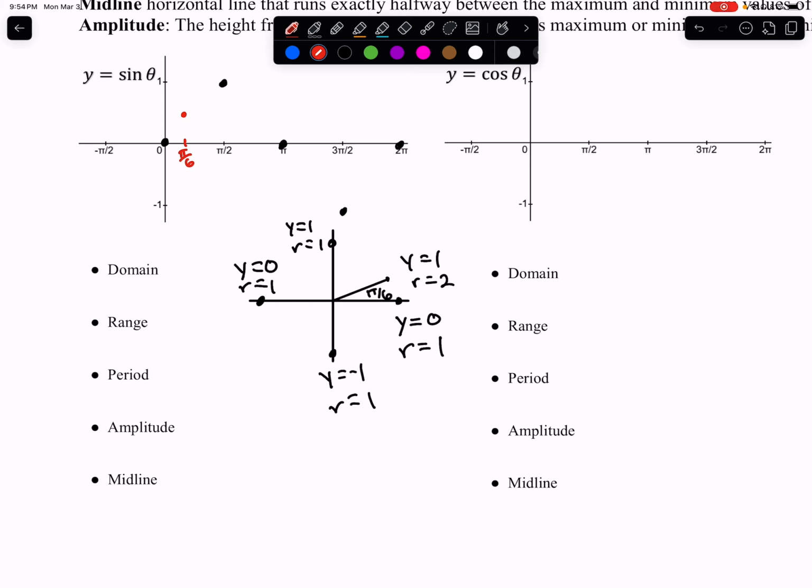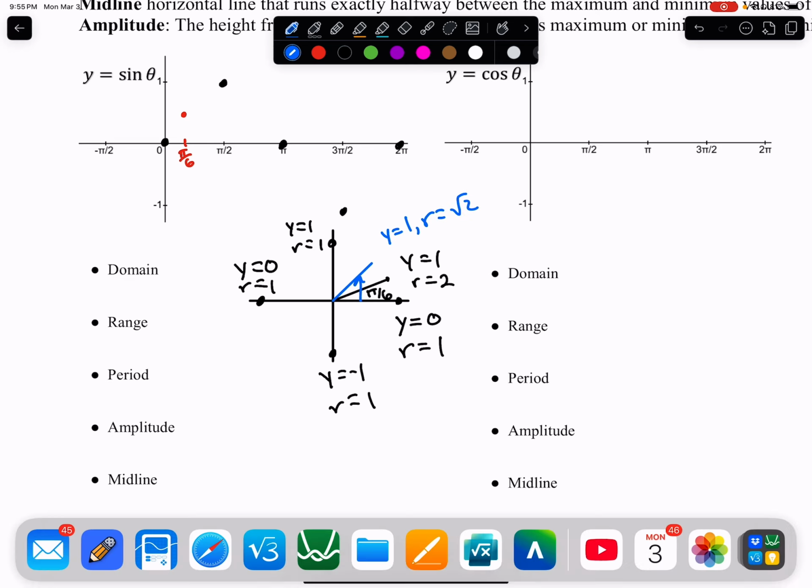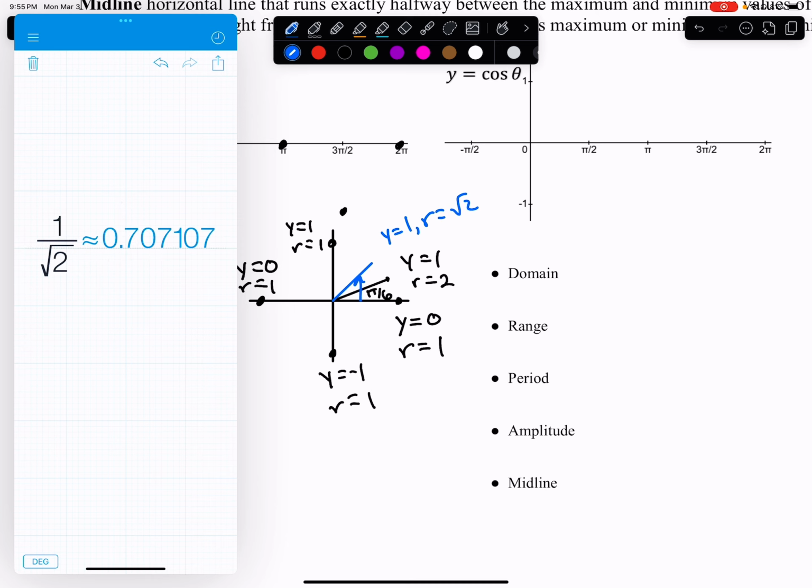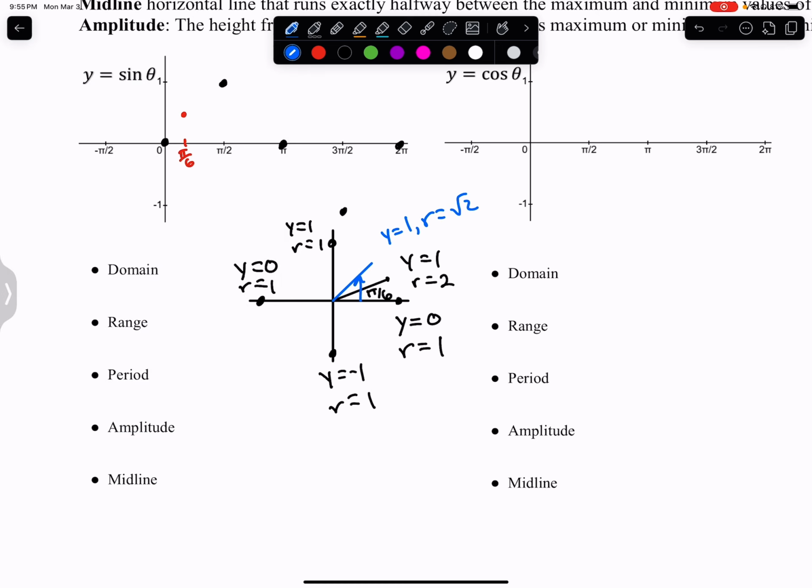Then if I go to 45 degrees, or pi over 4, there x and y could be both 1, and r is going to be the square root of 2. So that's 1 over the square root of 2, and 1 divided by the square root of 2, that is about 0.7.